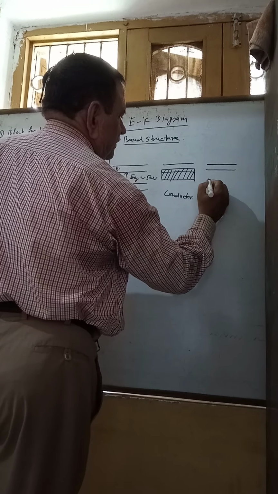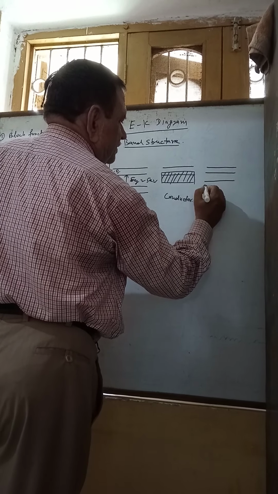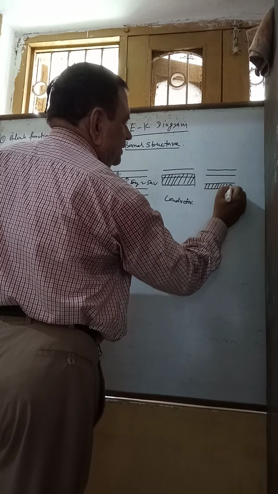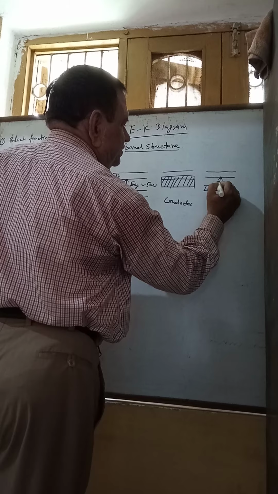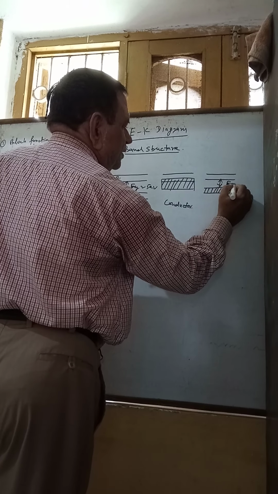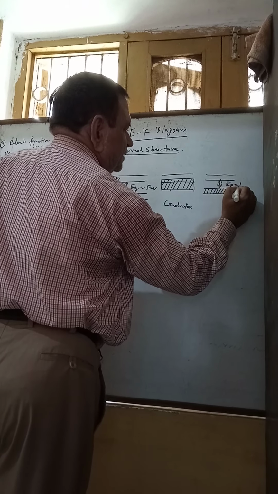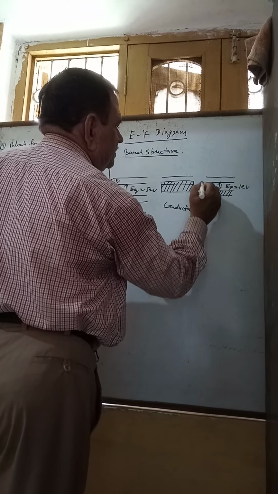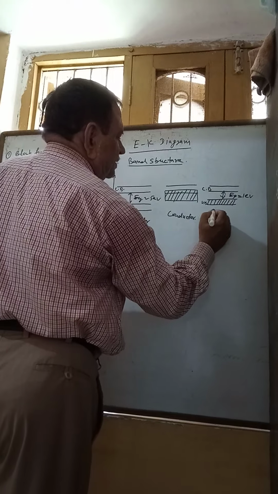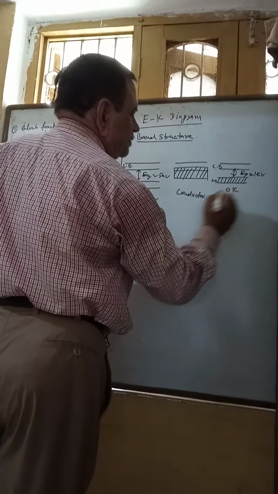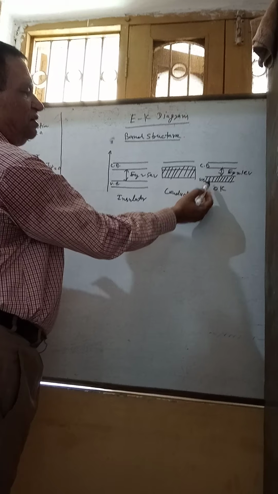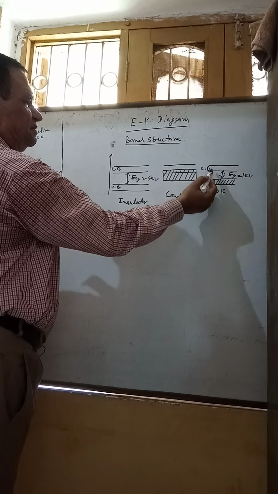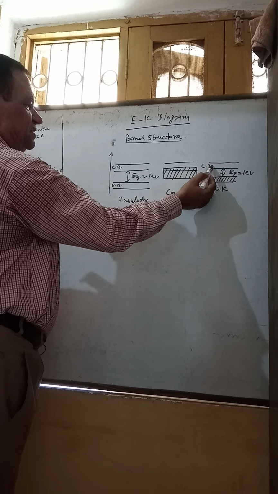and for a semiconductor there is a very small energy gap between the valence band and conduction band, Eg is about 1 electron volt. At 0 Kelvin, all the valence band is filled with electrons and the conduction band is empty.